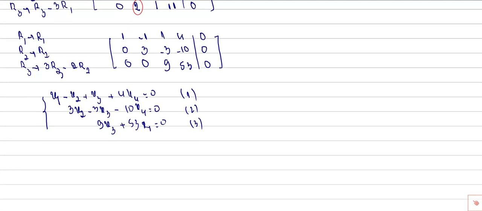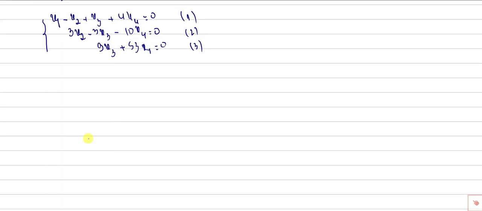So we just look at equation 3. Our equation 3 is 9x3 plus 53x4 equal to 0. This is one equation but has two variables, so we cannot solve it directly; we should let x4 equal to t.